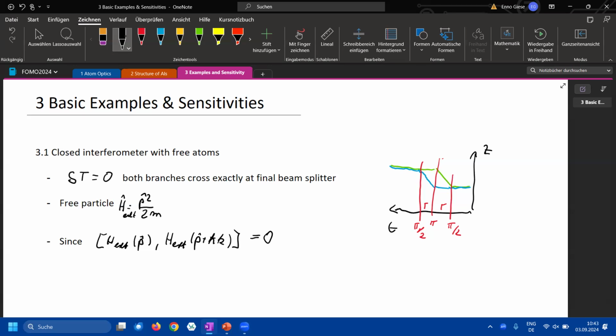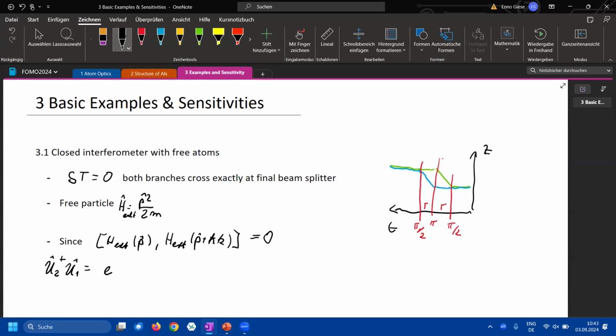I can just merge everything into one exponential. Baker-Campbell-Hausdorff is trivial. So that means I can now write everything as U2 dagger times U1. That's what we're interested in.